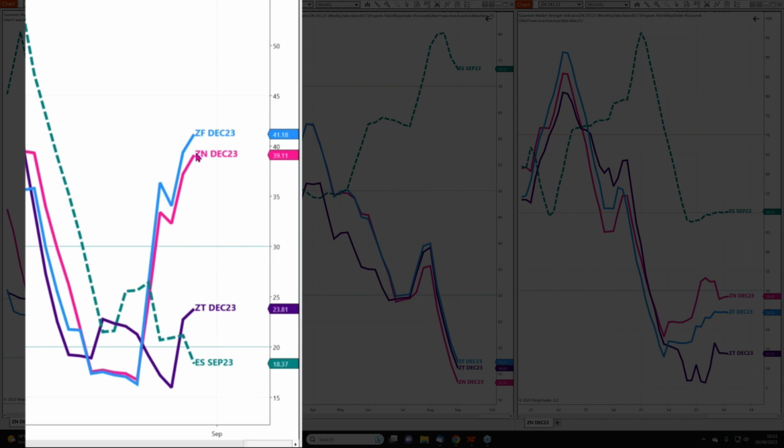Which is what you would expect, because if interest rates are likely to fall, they've been going up very rapidly, and now there is a suggestion that they are peaking and unlikely to go much further, in which case you would expect to see money flow into the longer-term bonds to lock in those rates, if you will, which is what we are seeing more or less here.